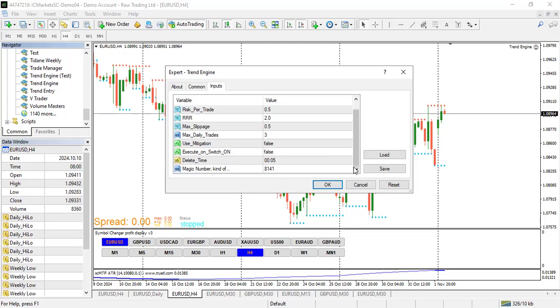And then of course you have the delete time. Again, this should be set as early as possible, right? It's basically a fail-safe. It's been designed into the EA that pending orders should be deleted at the beginning of a new day. But on some brokers around that time, they disable trading, so you can't delete those orders.